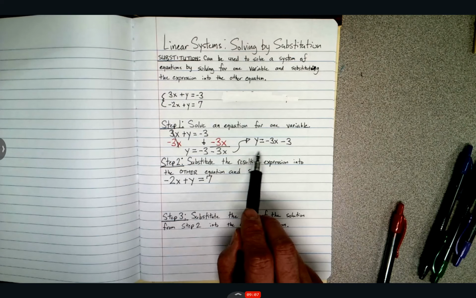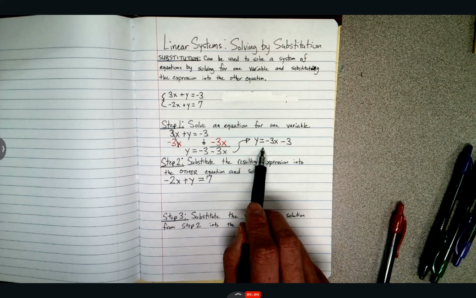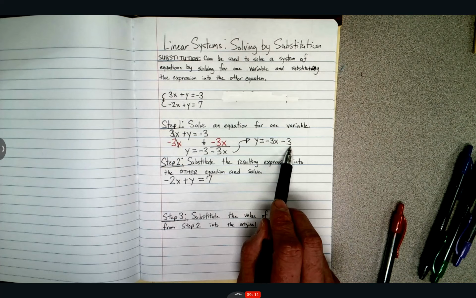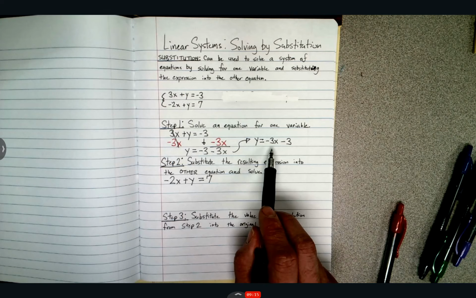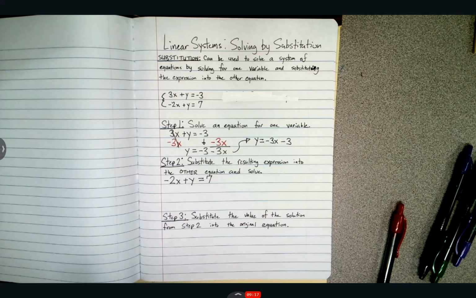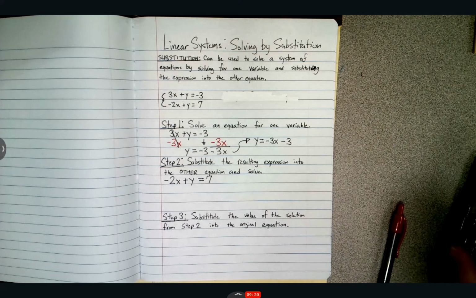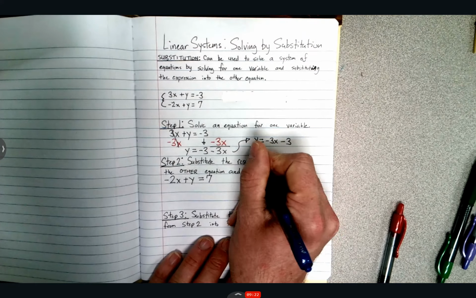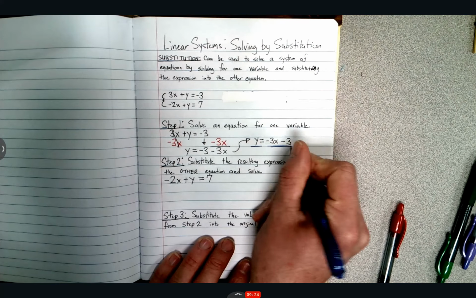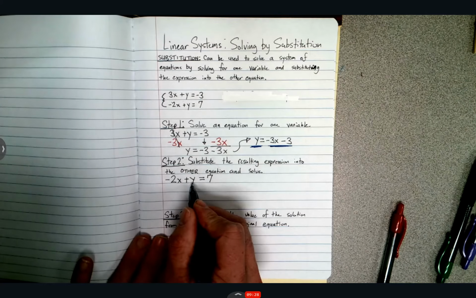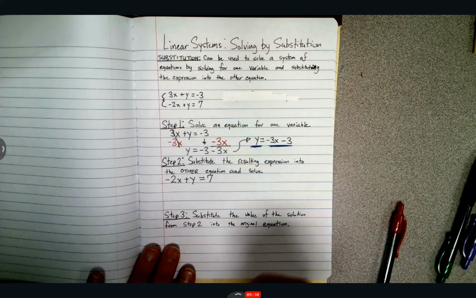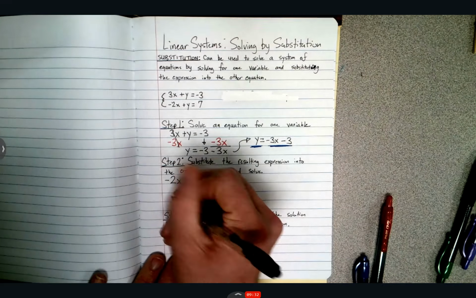In this system, I know now that y is equal to negative 3x minus 3. So I can replace this y term with negative 3x minus 3 because they are exactly equal to each other. So I know that y equals this. These two are equal to each other. So where I see this y here, I can replace it with negative 3x minus 3.